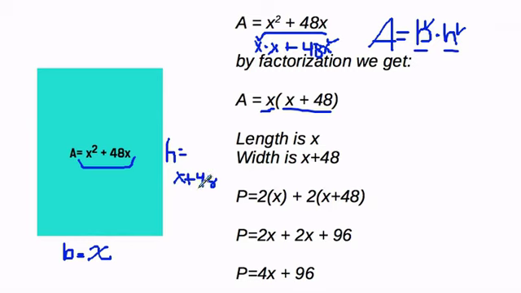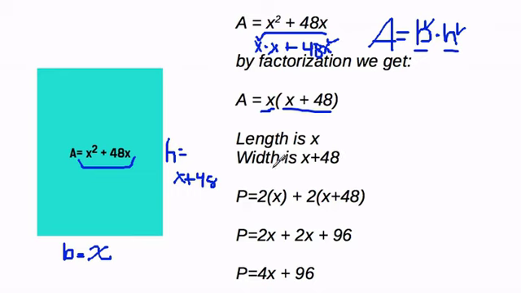So that's a pretty good assumption that the height is x plus 48 and the base is x. But it's going to be the same at the end for the perimeter, whether you assume the x or the x plus 48 is the base or the height. It's all good.